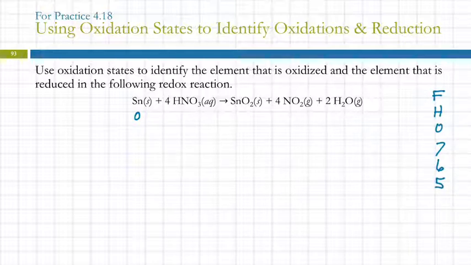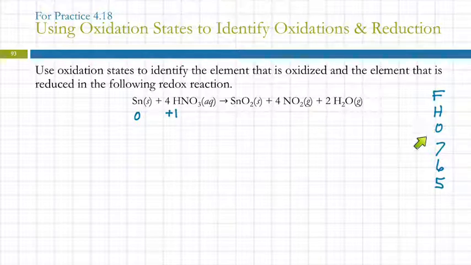There's no fluorine, but there's a hydrogen. Hydrogen gets its pick of oxidation state. These elements are always going to pick an oxidation state that is the same as their ion charge if they were an ion. So what does hydrogen want to be? +1.